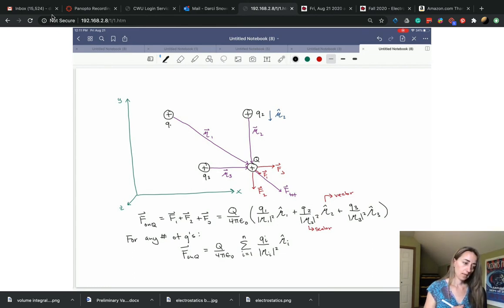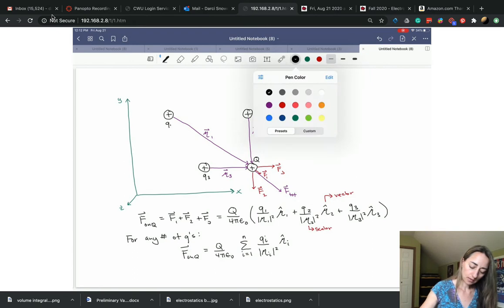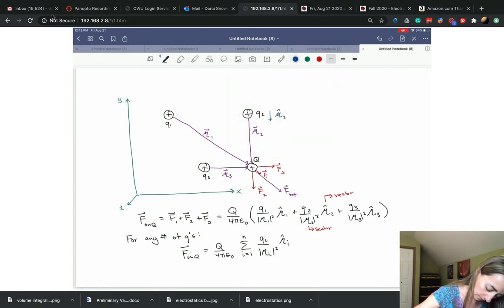The last thing I want to do here before we move on to the next slide, I'm going to draw our position vectors. So let's remember our position vectors, they go from the origin to each of our charges. If they have a prime on them, that means I am going to our source charges.